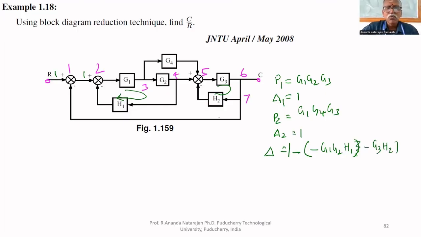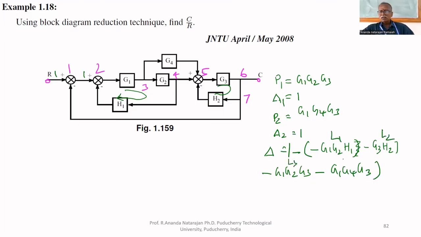Any other loops? One more loop is there, that is minus G1, G2, G3, and minus G1, G4, G3. Four loops are there: L1, L2, L3 and L4.